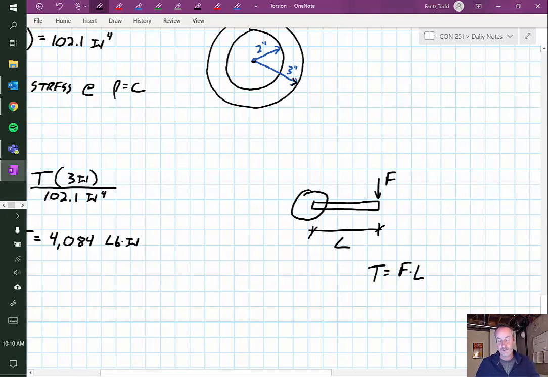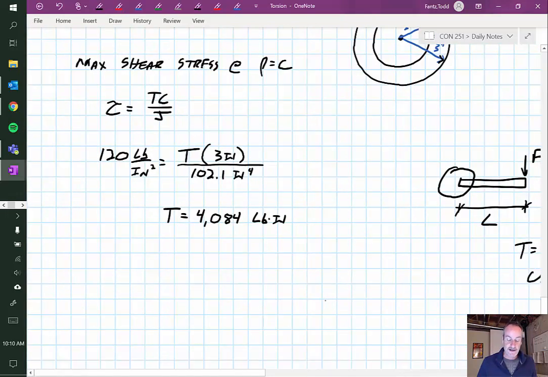If I have a greater length, I have a greater torque. But that means for my units for torque, I will always have a force times a distance, right? So in this case, what I have is my forces in pounds, my distances in inches, and I end up with a total torque of 4,084 pound-inches.